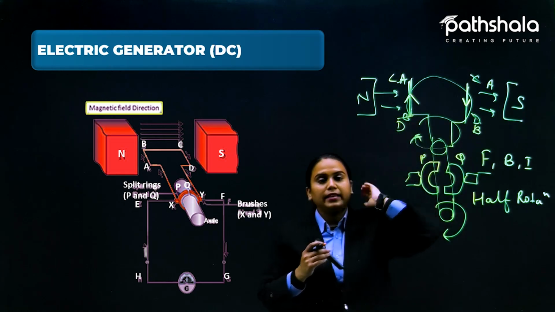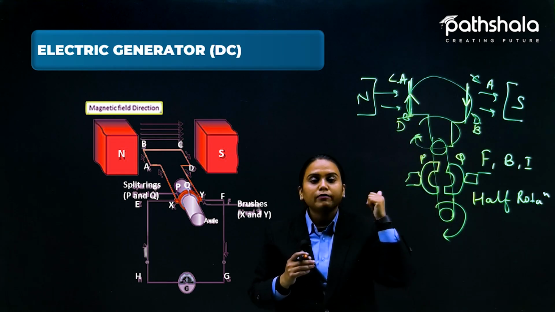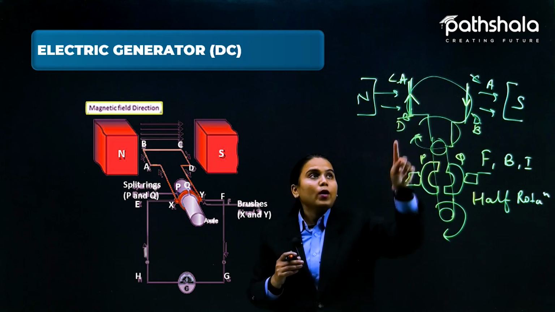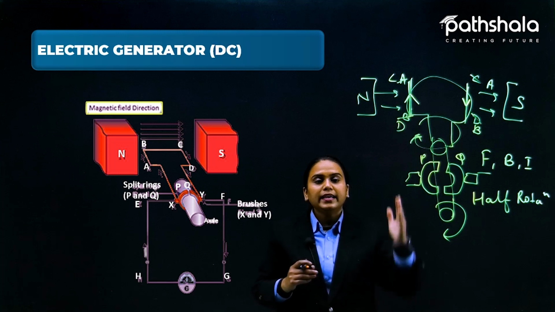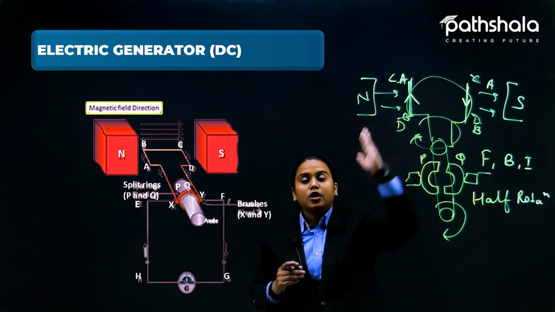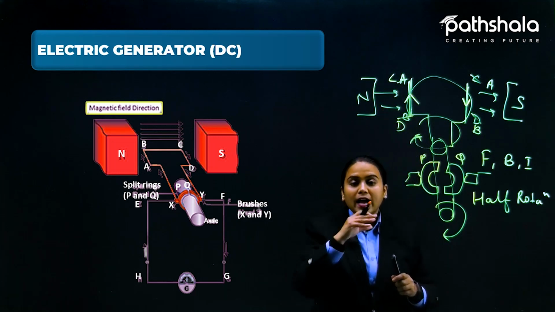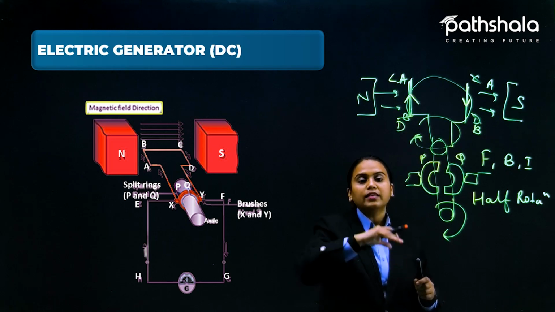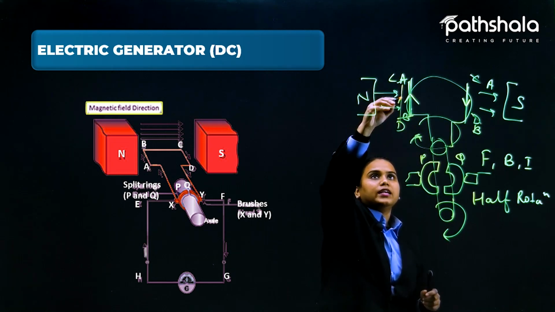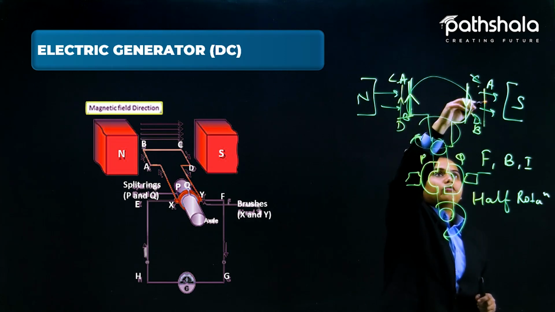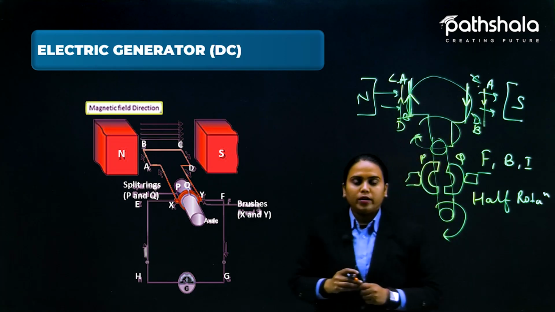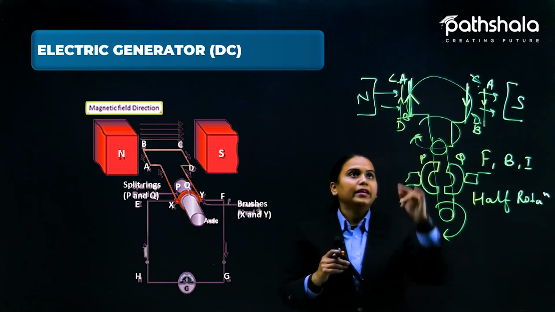Now what is happening when the coil has rotated half, and again the magnetic field lines are passing through it like this. So again by using Fleming's right hand rule, when we are calculating for CD, which is now at this location, the direction of the current is upward and the direction in AB will be downward. But what is happening here?